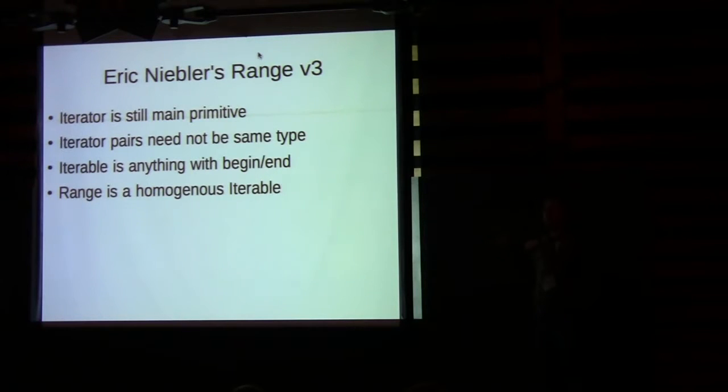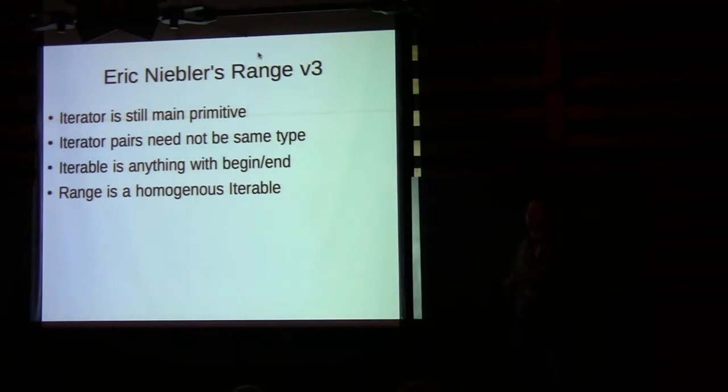If the second iterator can be a different type, then we can implement equality to mean something special. That makes it easier to write iterators for some kinds of ranges, especially sentinel terminated ranges. So he created this new concept called iterable, which is kind of like a Boost range, in that it gives you a begin and an end iterator, but they don't need to be the same type.